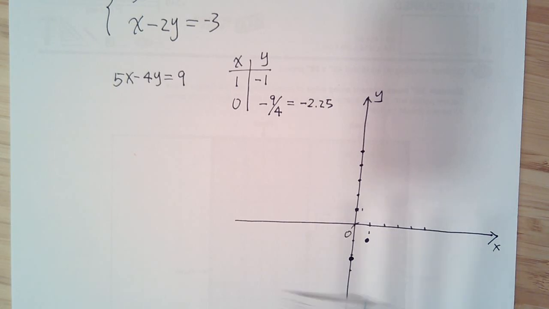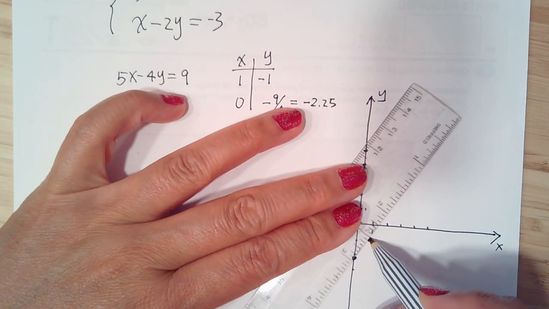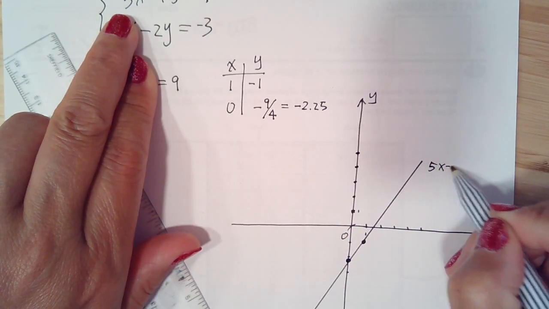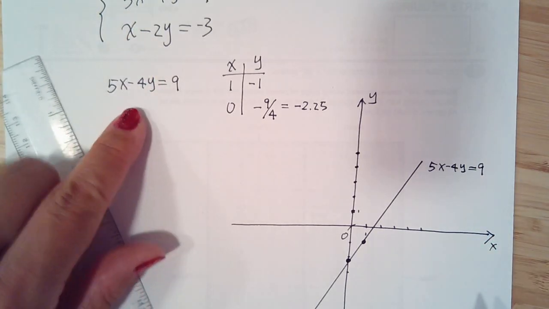Once I have 2 points, I can connect them and graph. So this one is 5x minus 4y equals 9. And then let me graph the other one.